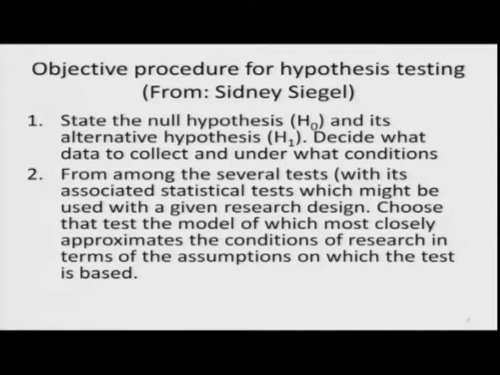Second, from among the several tests with its associated statistical tests which might be used with a given research design, choose that test the model of which most closely approximates the conditions of research in terms of the assumptions on which the test is based.